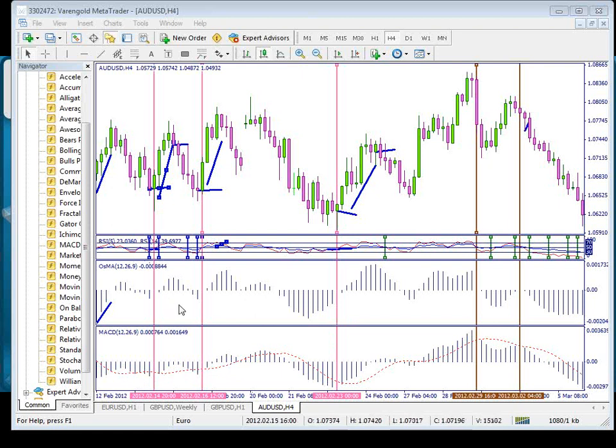MACD and the oscillator of moving average are two indicators that are a lot alike. Both of them have the histogram.